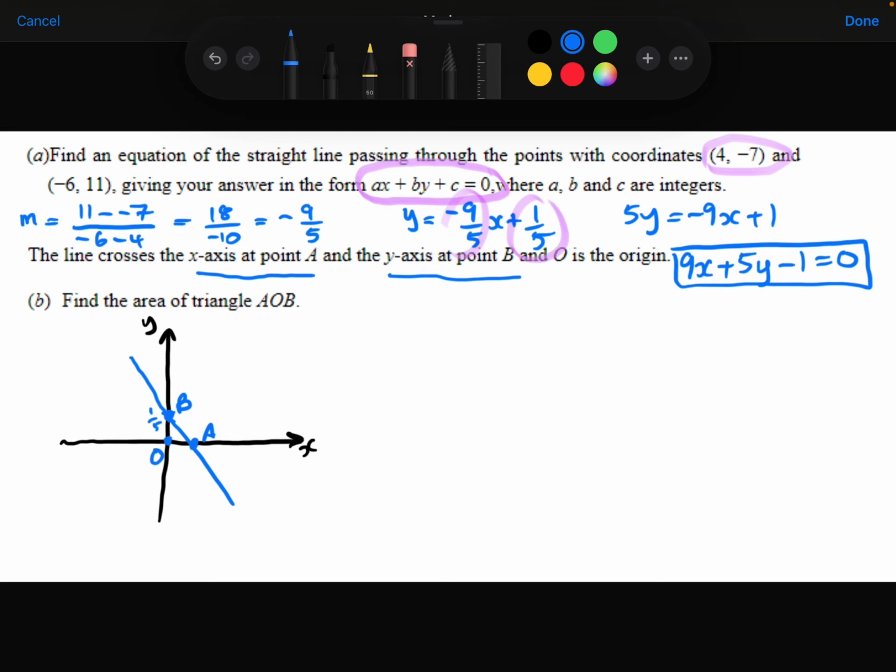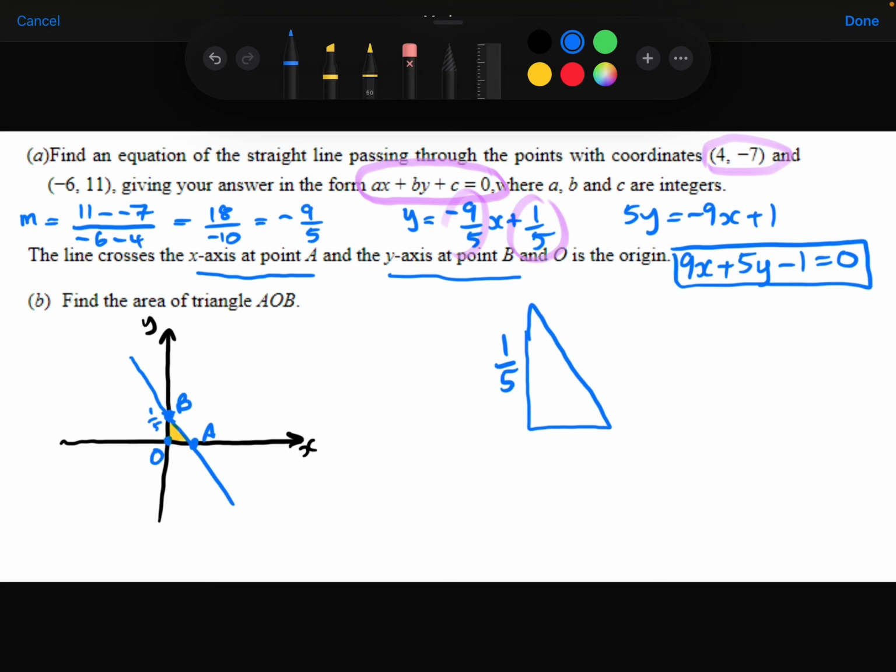And we want the area of this triangle here. I know the height of the triangle is 1/5 because that's the B coordinate. I need to work out the A coordinate.